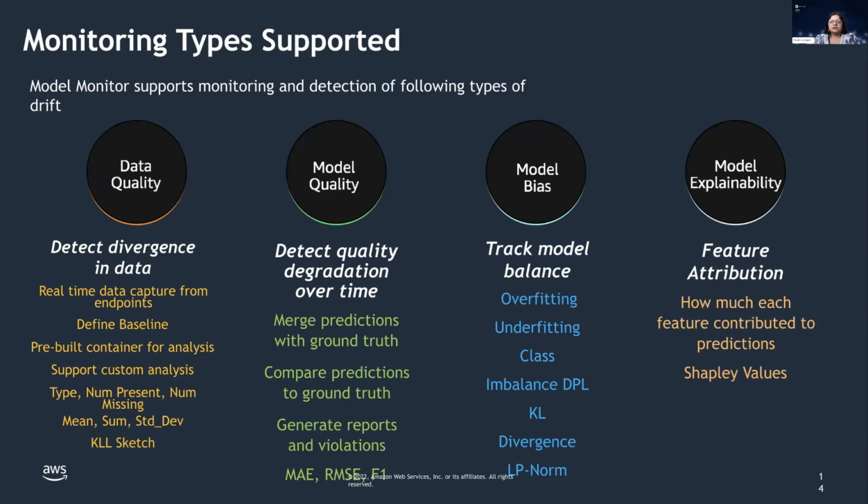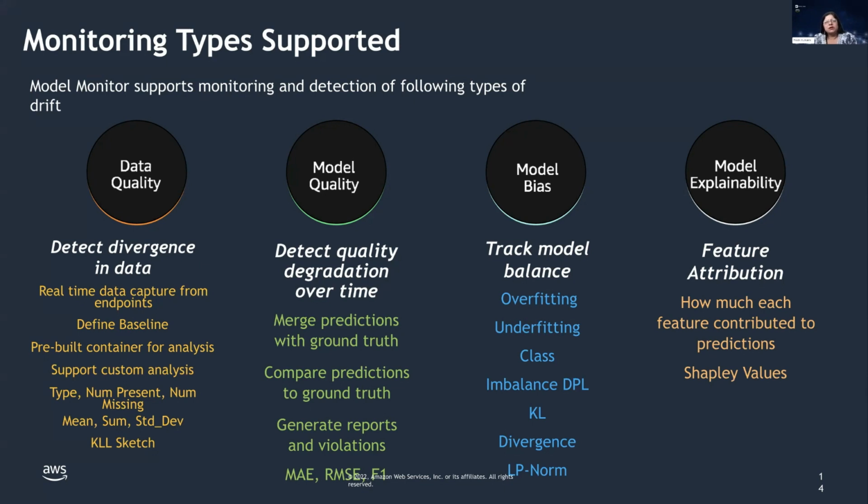As mentioned already, there are these types of model monitoring: the data quality, the model quality, the bias and explainability. Basically, the data quality has a lot of statistics mentioned here, mean and sum and standard deviation, etc., and I'm going to go into a little bit more detail about that, but those are the criteria on which the data will be examined.